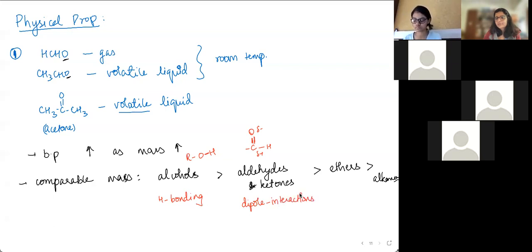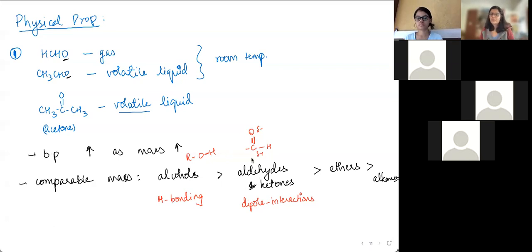If you remember, like when we were doing chemical bonding, like states of matter, talking about these different interactions, hydrogen bonding is basically these dipole-dipole forces on steroids. It's like 10 times stronger than dipole interactions. So that is the fundamental difference why alcohols still have a lot more compared to aldehydes ketones.